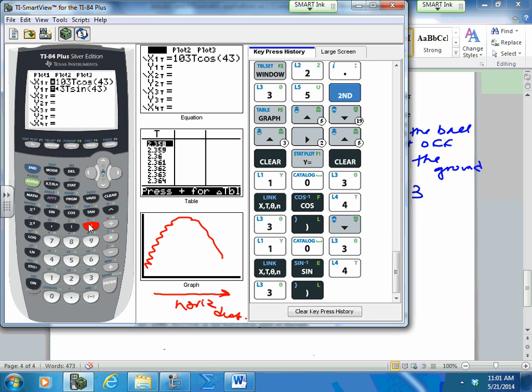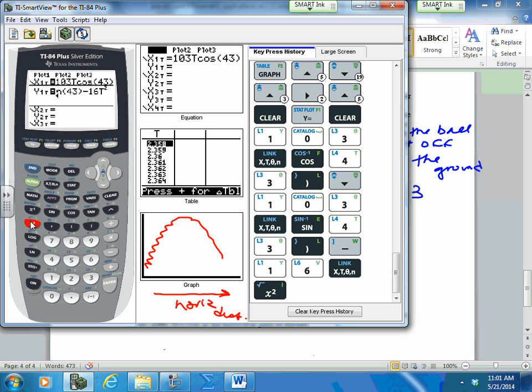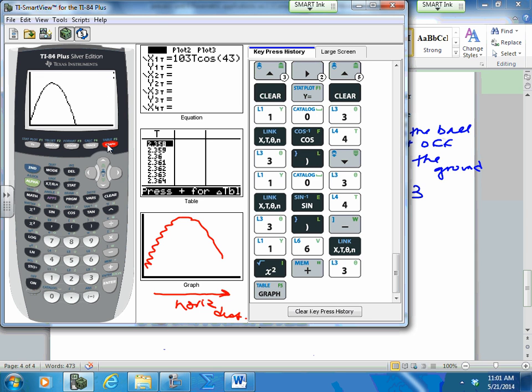Okay, we got the cosine and the sine. I'm going to make this guy turn down because he's my negative 16t squared. And I'm going to add 3. Better than him turning up in my class, huh? Okay, so we'll turn him down. And we'll see what he looks like.